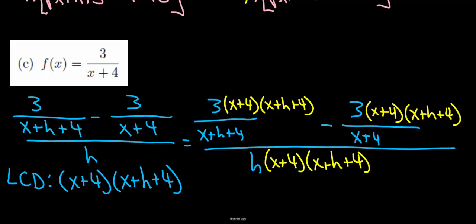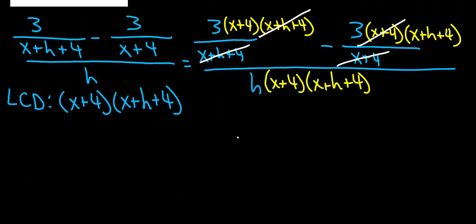So really, we just multiplied the top and the bottom by x plus 4 times x plus h plus 4. It's just like multiplying the whole thing by 1. And the reason we did that is so that this would happen. Woohoo! Look at that. We got rid of those extra denominators. Those things were vexing us. We wanted to get rid of them because we want to be able to divide out that h on the bottom.